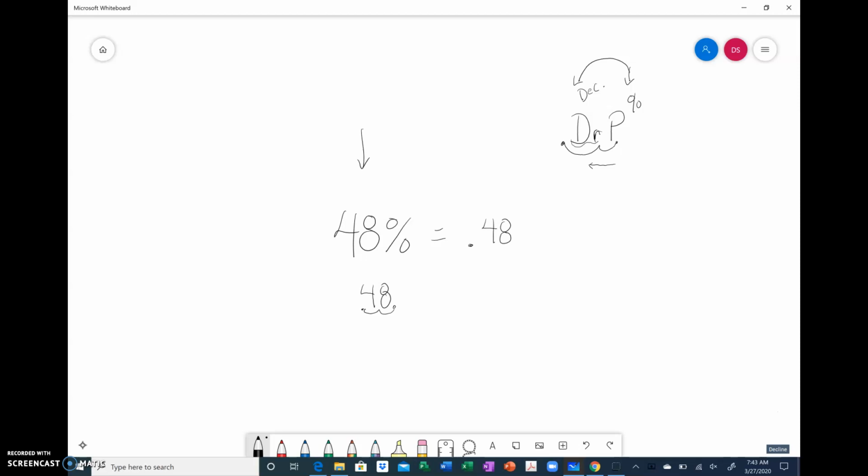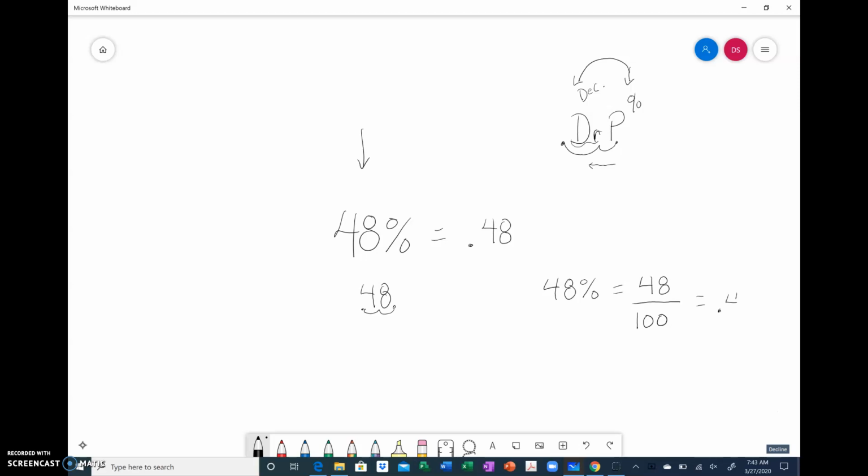In a previous lesson, we converted percents to fractions, and you learned that the fraction form of 48% would be 48 per cent, okay, per 100, 48 over 100. Well, how would you write 48 over 100 as a decimal?